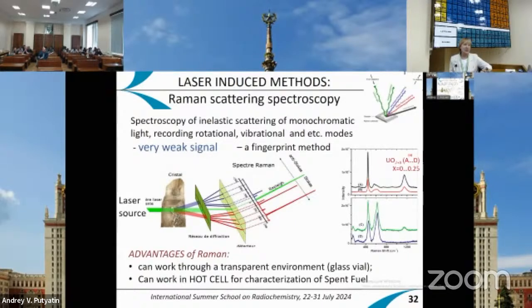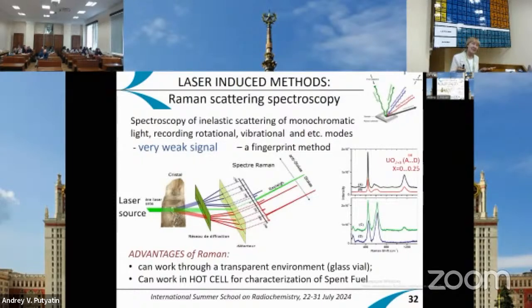And an advantage of Raman spectroscopy is that we can work through some transparent environment. For instance, we can put a sample into a glass vial, go to the Raman spectroscopy, and see through this glass your sample, and measure and study the phase composition of your sample.